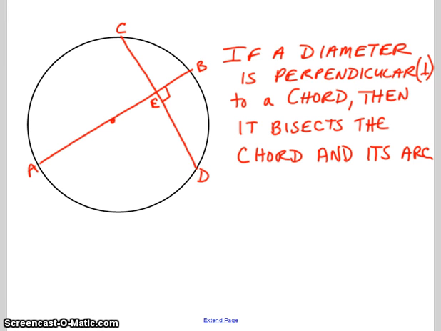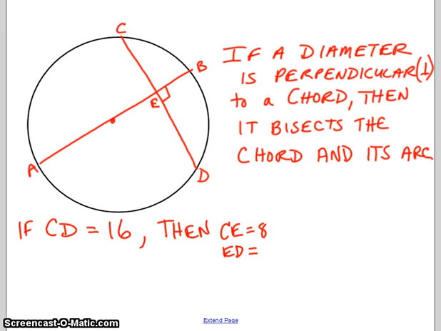So this tells us if CD equals 16, since it gets bisected, then CE equals 8 and ED also equals 8.